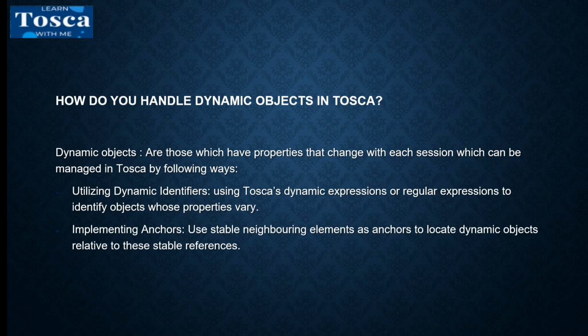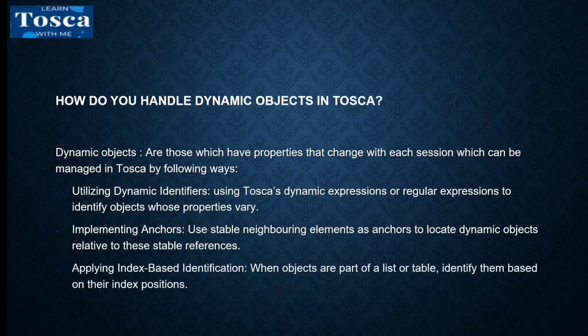The second one is implementing an anchor. Suppose the objects are dynamic, and using identify by anchors, which is one of the scanning methods, by taking a reference of a neighbor element, you can make the control unique. The third one is index based identification.